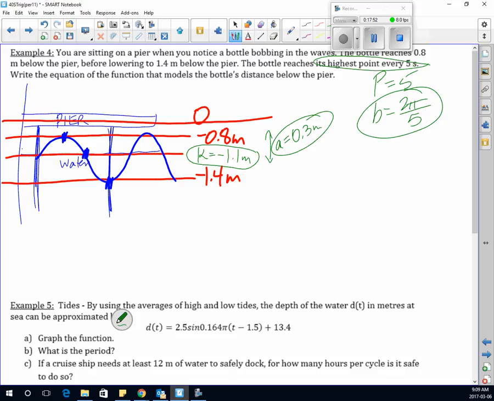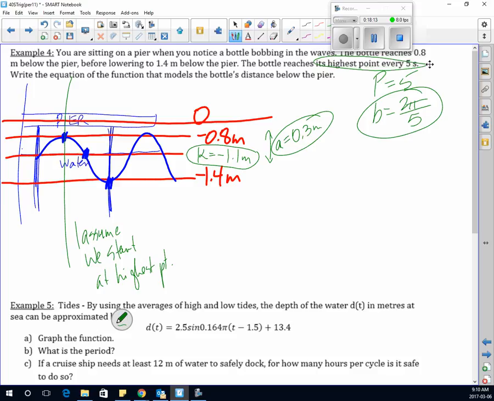What are we going to do? Should we start at the highest point? We're going to start at the highest point and assume we start at the highest point, because it doesn't say. There you go. Made my assumption. Now we can't be wrong.